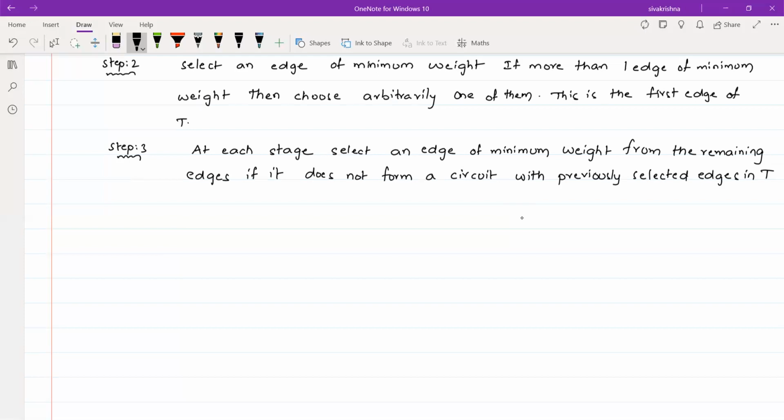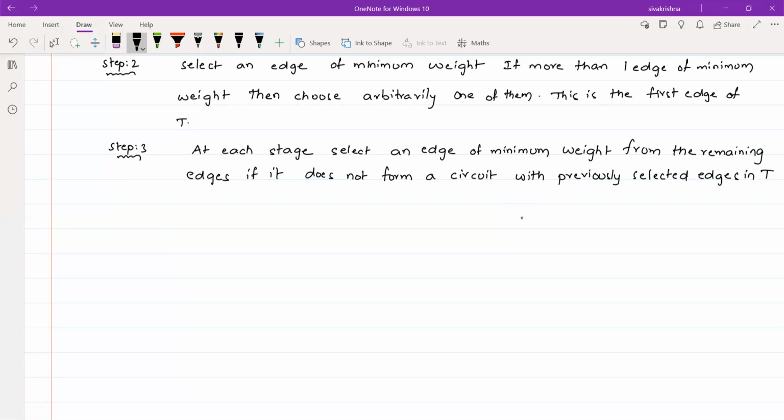Here, every time we are selecting an edge with minimum weight. Whereas in the BFS algorithm and DFS algorithm, we need not bother about the weight of the edge. We can select any edge so that it doesn't form any cycle. We found a spanning tree in both BFS and DFS without forming any cycles.